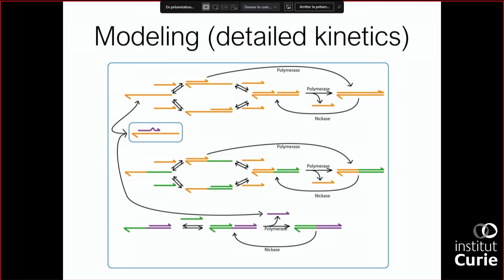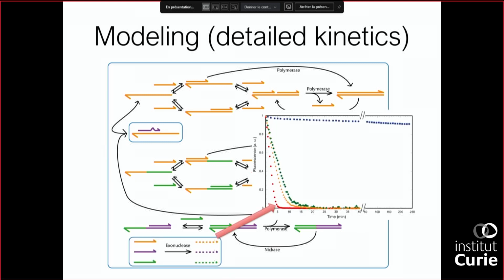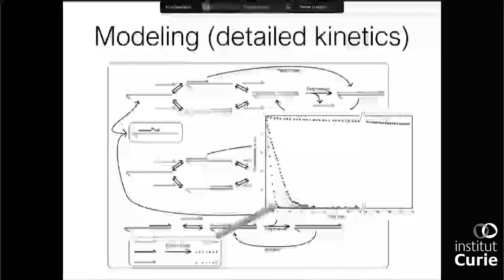For the enzymes, you need to measure their characteristics a bit, and this is done by separate experiments. For example, for the exonuclease, you can make a separate, simplified experiment where you just give it this particular compound, and you look at the decay rate for that compound, and from that you can extract the kinetic parameters that you will later inject in the full model.